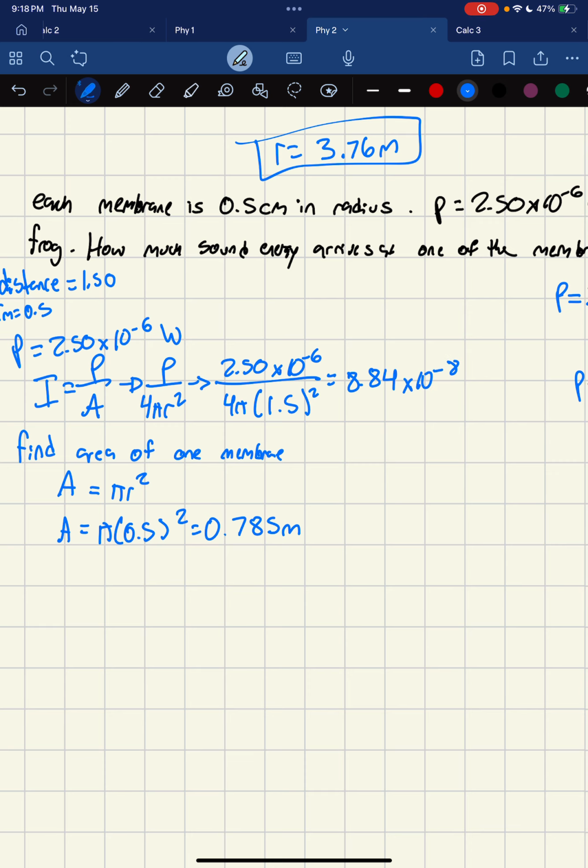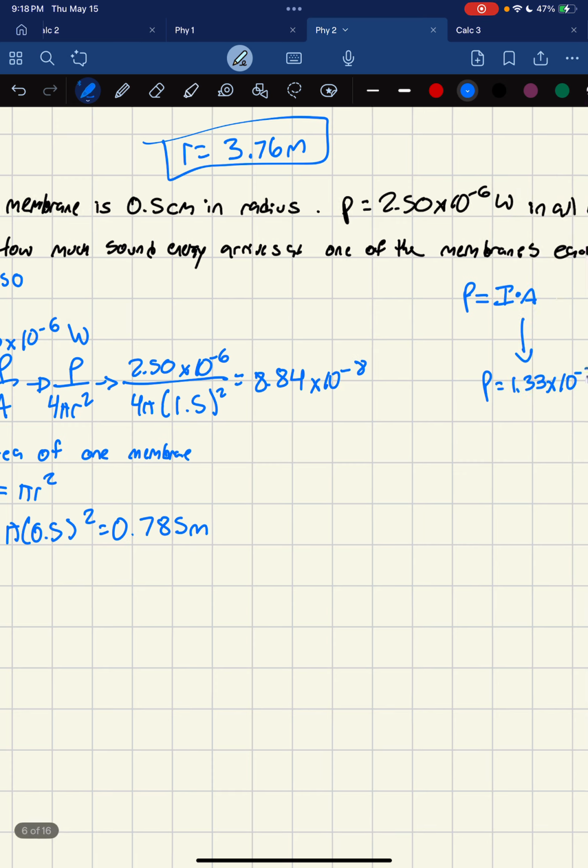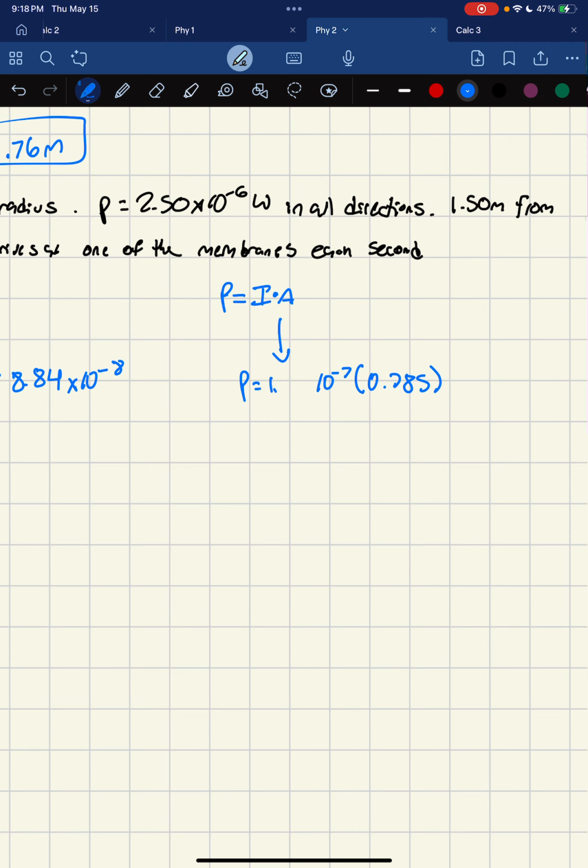And then I multiply that by 0.785. Okay, this number looks better.